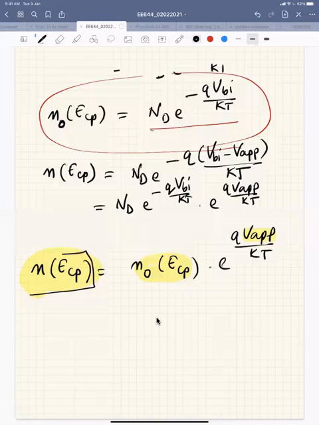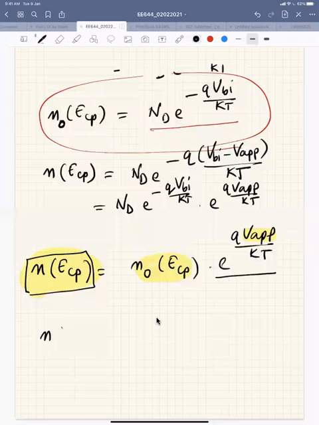So you could write, in the non-equilibrium condition, the moment you apply voltage, the electrons that could be injected has increased by the exponential of this voltage. In the equilibrium, I have N0 ECP. Now the moment I apply voltage, I have more injection.